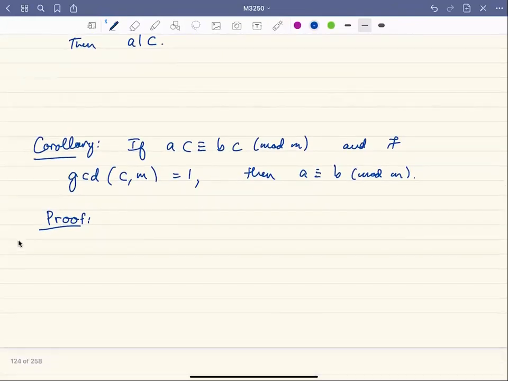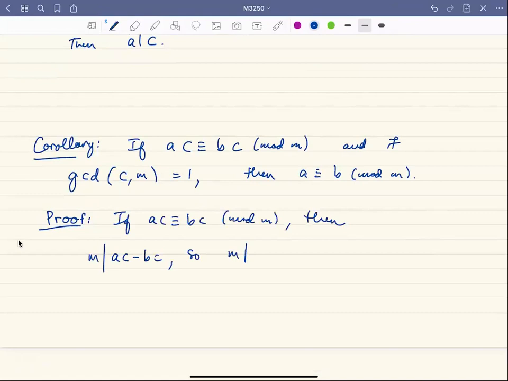So the proof is straightforward. If ac is congruent to bc mod m, then that implies that m divides ac minus bc. In other words, m divides c times (a minus b).